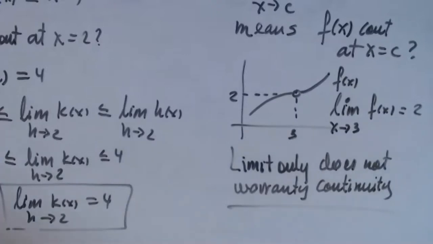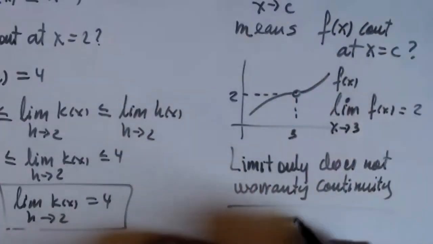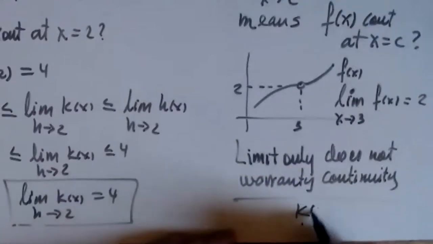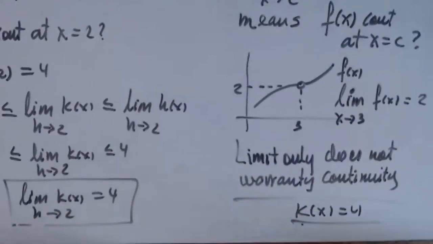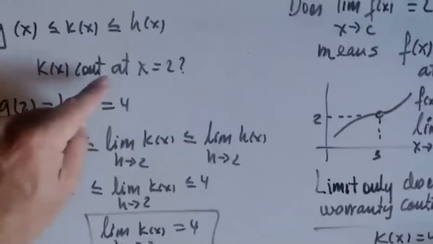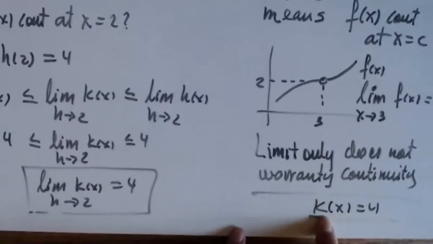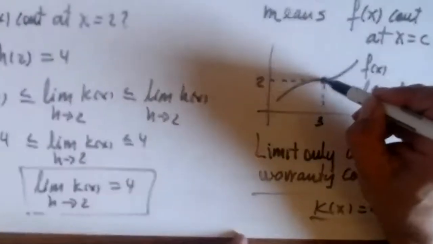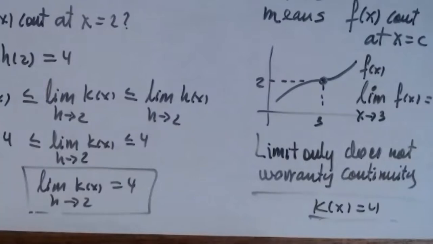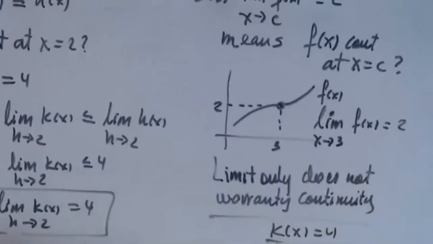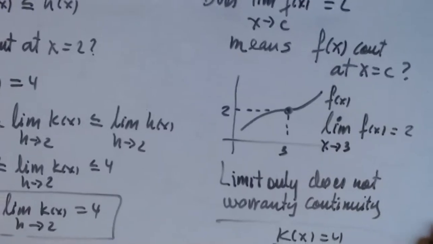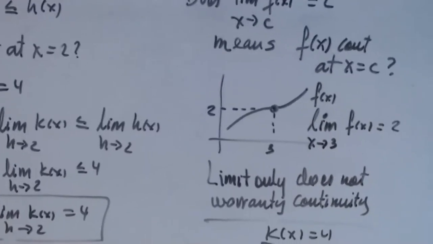So that's what you have to answer. If they tell you, okay, k of 2 equals 4, of course, because it's the same point right here, 4, so you have a value. So the limit is the same as the value of the function, and you fill the gap. But the limit only does not guarantee the continuity. So the function is not necessarily continuous. Okay?